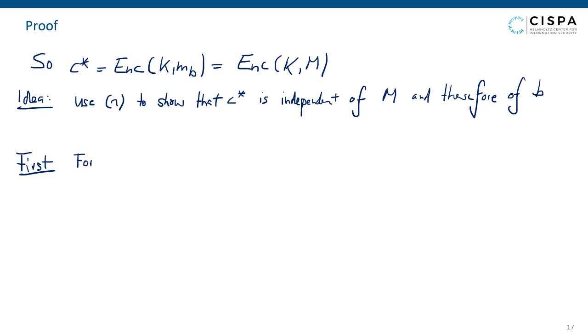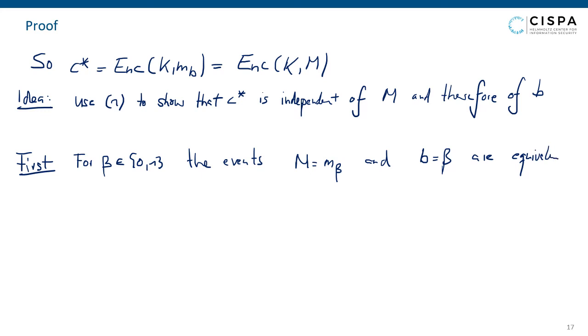For beta in {0, 1}, the events M equals M beta and B equals beta are equivalent. So if M equals M beta happens, then B equals beta, and if B equals beta happens, then M equals M beta.